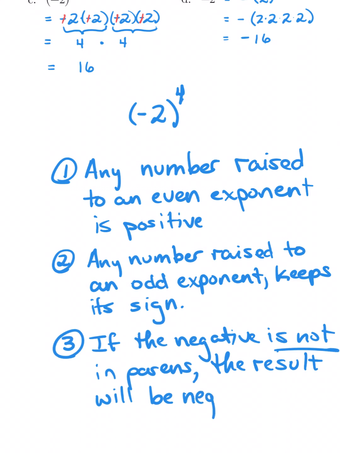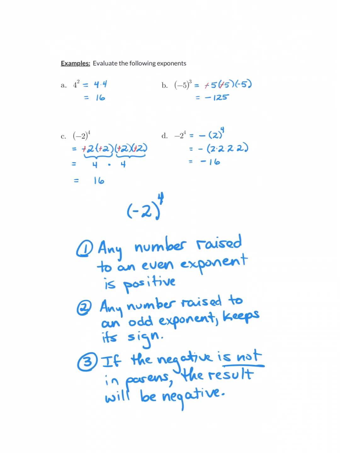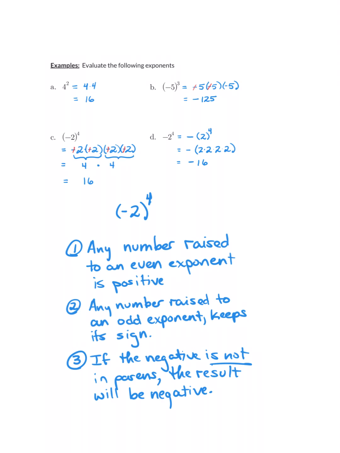It does not matter whether your exponent is even or odd, because there's just one negative running around. And since there's just one negative running around, your answer will be negative. All right, so those are those examples.